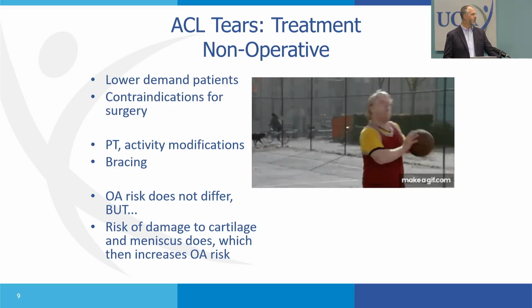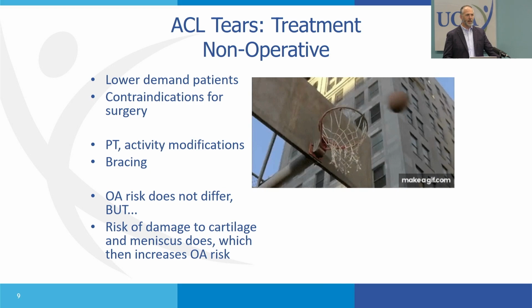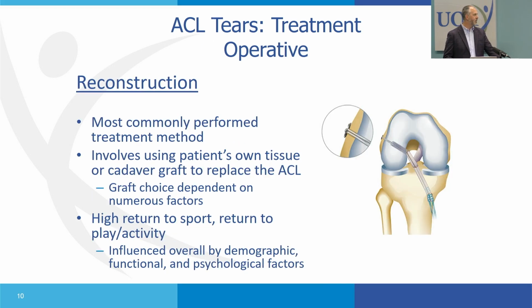So non-operative treatment is certainly an option, but not the go-to for most of the people that we see in the office. ACL reconstruction is that go-to, okay? That's the long-term gold standard, which involves taking a graft, which can be both autograft, or your own patient's tissue, as well as an allograft, which is a cadaver tendon, and using that to reconstruct or replace the function of the ACL.